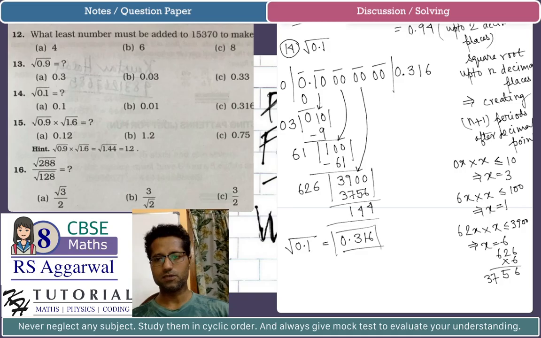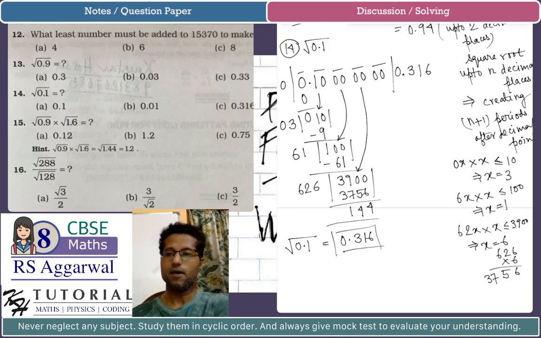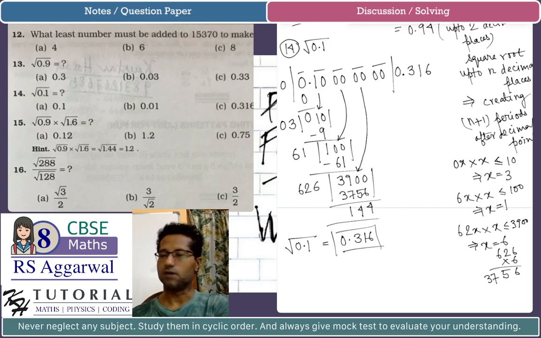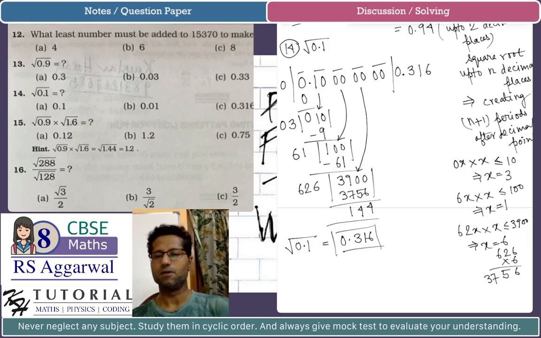For 2 decimal places of square root, you have to create 3 periods after the decimal point in the given decimal number. And if you are asked to find the square root up to 3 decimal places, you have to create 4 periods after the decimal point in the given number by just appending zeros, that is periods of zeros.